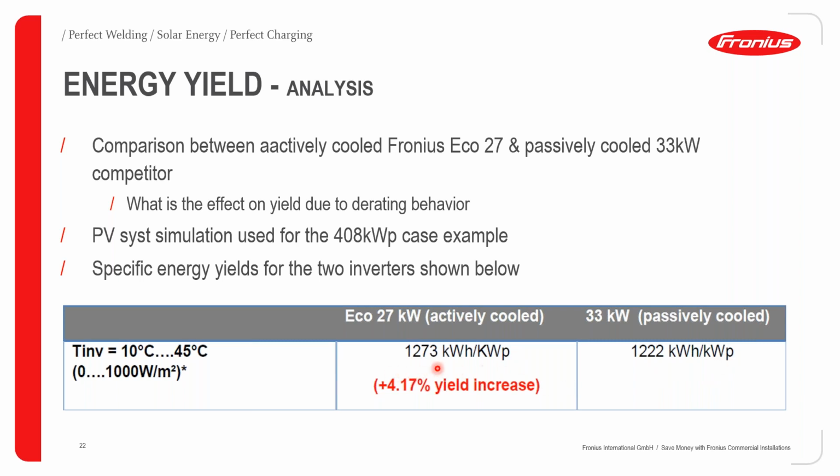Therefore, if you compare the two figures, we have a slight advantage of plus 4.17% in comparison to the Fronius Eco. So the Fronius Eco in this case is giving you more energy. And these are the compared site conditions, so operating conditions of the modules and the temperature on the inverter as well.